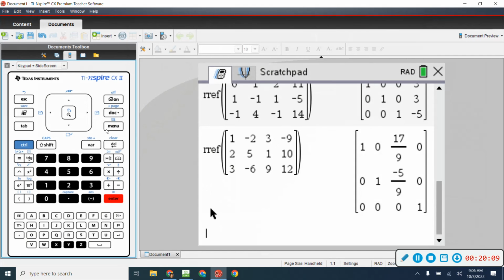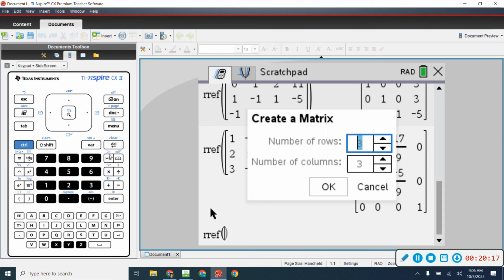And then I'm going to type it in my calculator, menu 7, 5. I still need a 3 by 4.